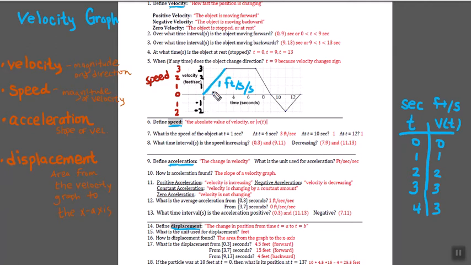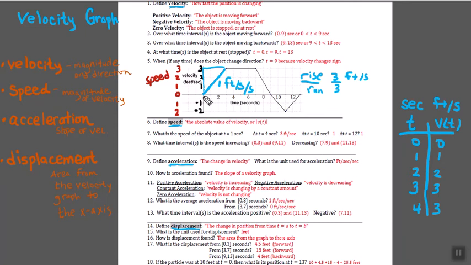So you could get that like a rise 3, run 3, or we'll put it right here, rise 3, and that's feet per second. We just went up 3 feet per second, and then we're going to run 3.